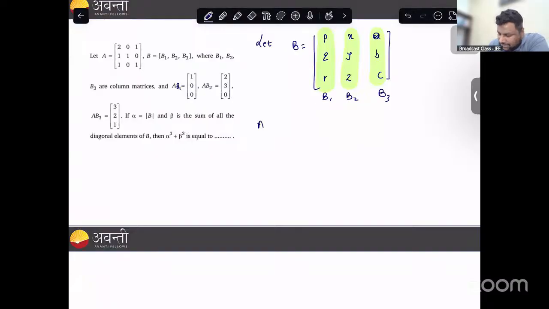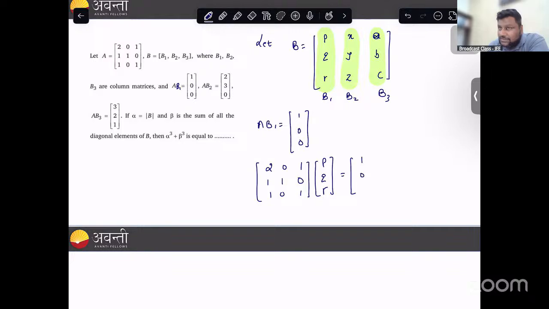Now they are saying AB1 is 1, 0, 0. All right. So your A is 201, 110, 101. B1, that is PQR, equals 100.